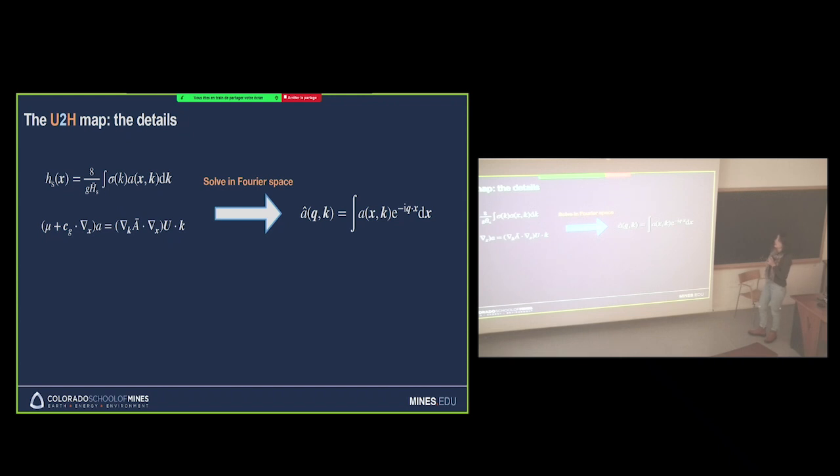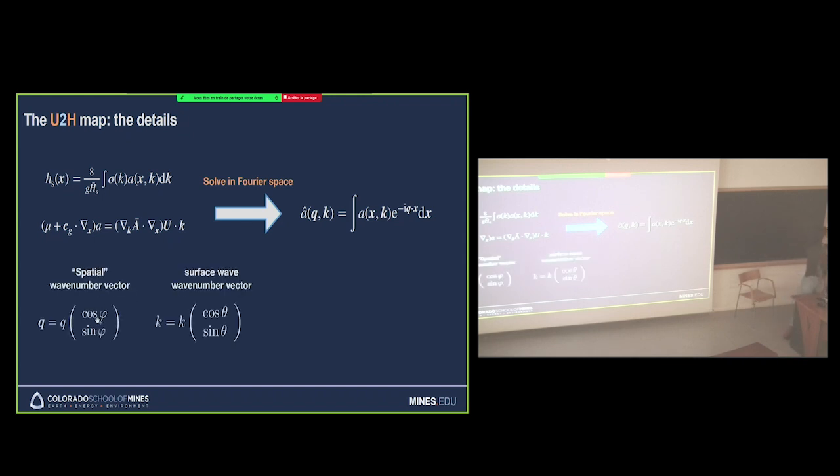And so we can take our HS and our wave action equations, and then we can solve them in Fourier space. And watch out here, because I introduced a new variable. K is just the wave number, related to frequency through the dispersion relationship, but Q is our spatial wave number. So it came from taking the FFT of something that has an X dependence.